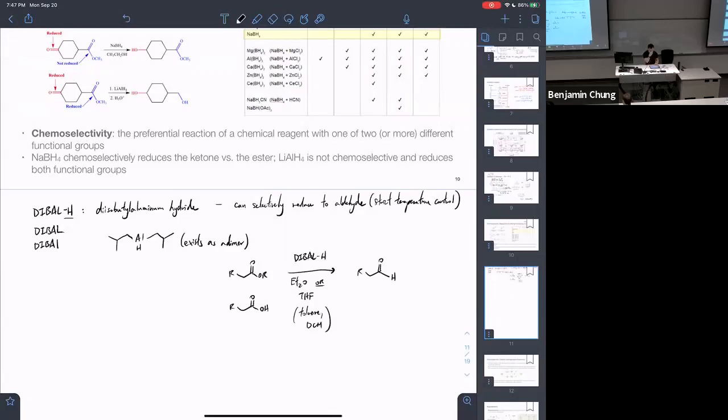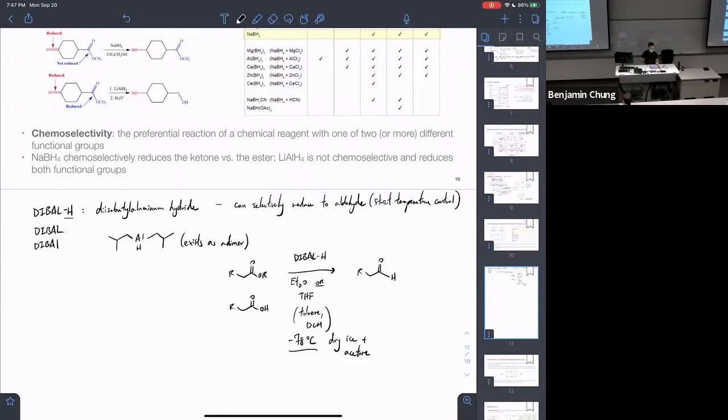So do you know how we can achieve minus 78 degrees Celsius in a lab? Did you guys learn that? Yeah, so when you combine dry ice and acetone, you get a cooling bath that cools to minus 78 degrees. And that allows you to do reactions that are very reactive, but in a controlled manner.